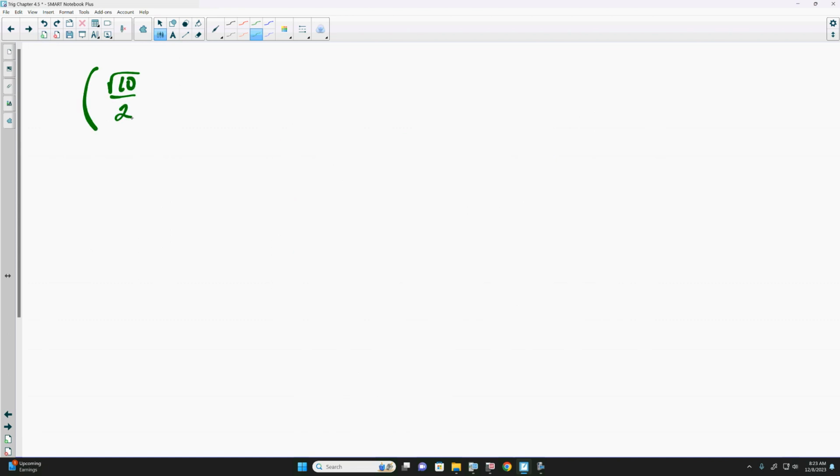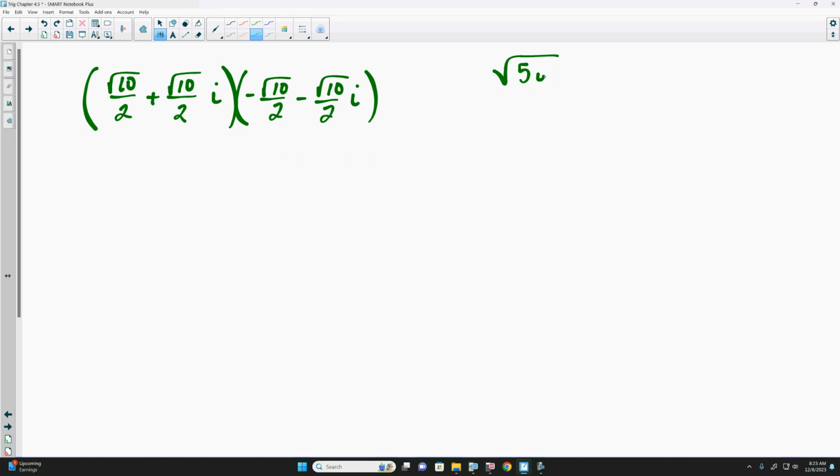Because what we were trying to find is the square root of 5i, and we got these two answers.